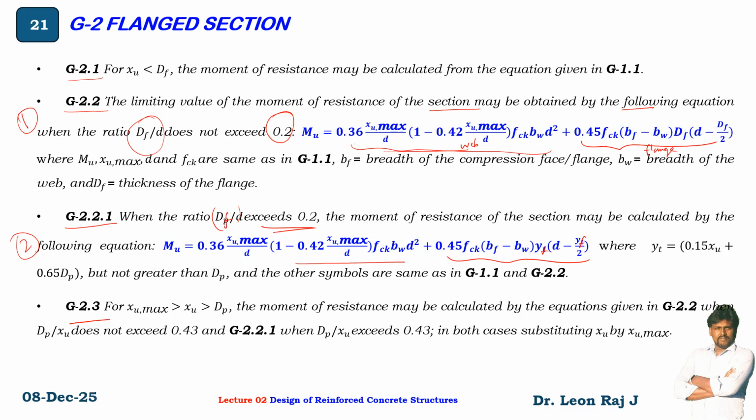For Xu max, this is not Dp, this is Df. When Xu max is greater than Xu and it is greater than Df, the moment of resistance may be calculated by the equations in G-2.2 when Df by Xu does not exceed 0.43, and G-2.2.1 when Df by Xu exceeds 0.43, in both cases substituting Xu by Xu max.